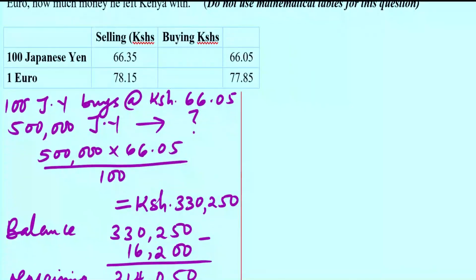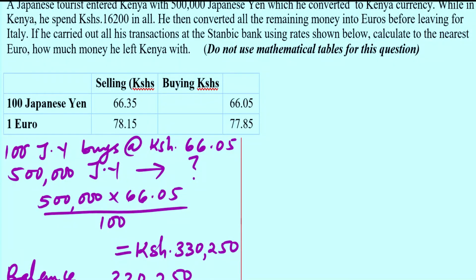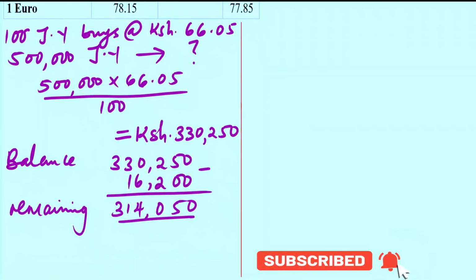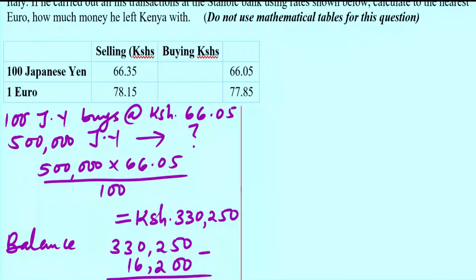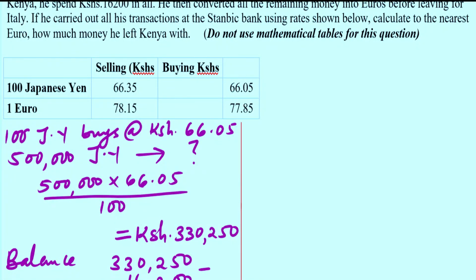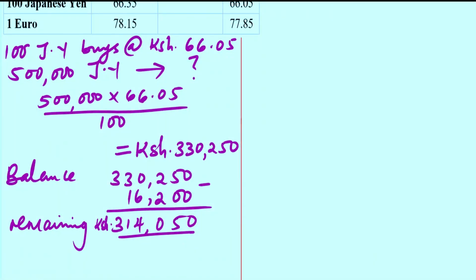Now, what did this person do with the remaining money? He converted all the remaining money into euros before leaving for Italy. So we convert that remaining amount. Remember that this is a Kenyan shilling. Converting the Kenyan shillings to euros, the Kenyan bank, that is the Stanbic Bank, will sell the euros and buy the Kenyan shillings.